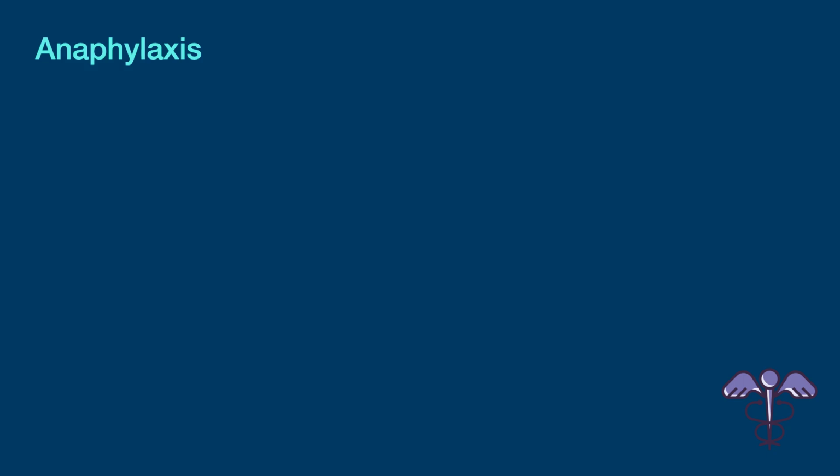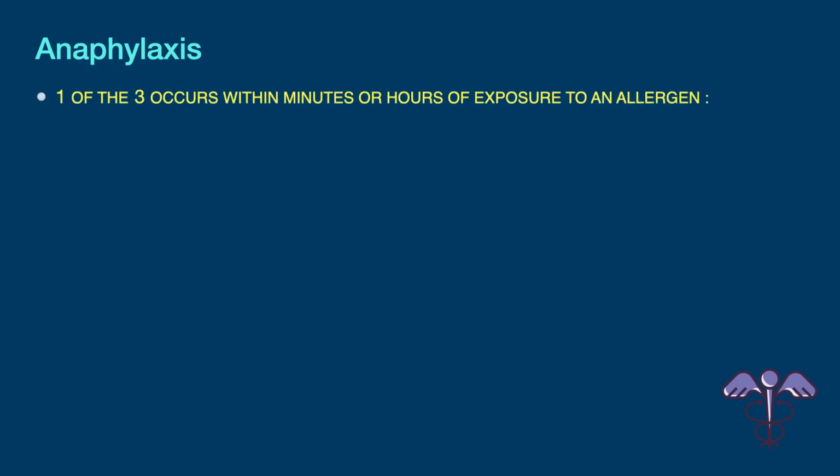Anaphylaxis is a systemic allergic reaction mediated by massive histamine release, hemodynamic instability, airway or breathing compromise, and death. When any one of the following three occurs within minutes or hours of exposure to an allergen, there is a high likelihood of anaphylaxis. Involvement of the skin or mucosal tissue, plus either respiratory difficulty or low blood pressure causing symptoms.